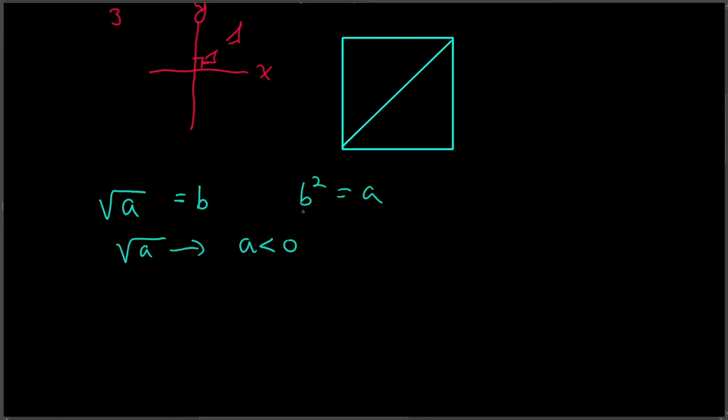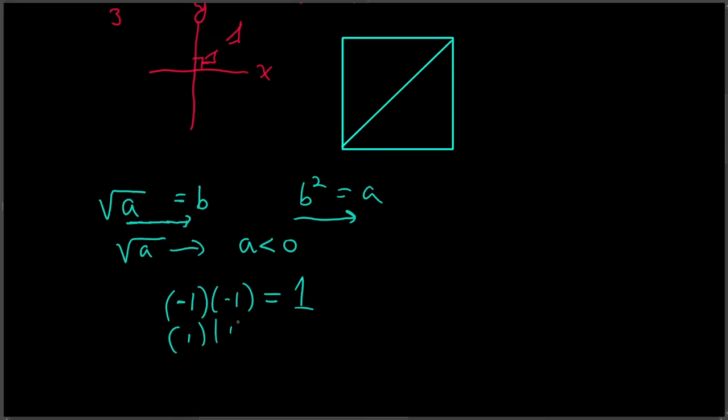And let's look at why. If this thing squared gives us the original number, that means that there's something that times itself equals a. So if I have -1 times -1, well, a negative times a negative is a positive.